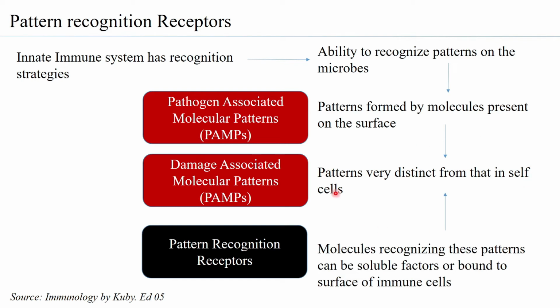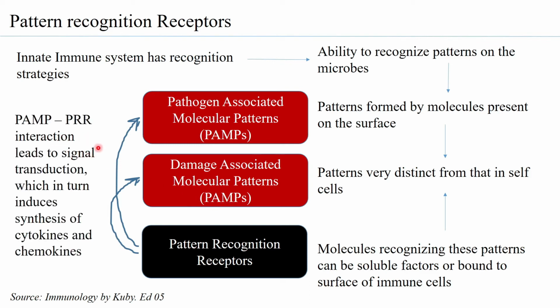Now, these patterns present on these cells have to be recognized by something, and those molecules are pattern recognition receptors, which can be soluble factors or they can be bound to the surface of the immune cells. So, they can be associated with the cells or they can be freely moving. Pattern recognition receptors can interact with PAMPs, and they can also interact with the DAMPs, the damage associated molecular patterns.